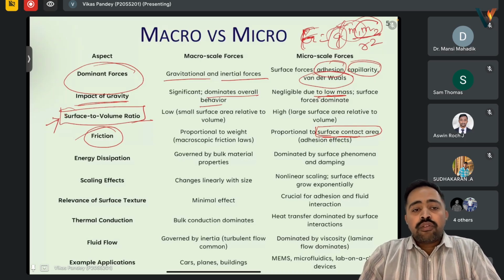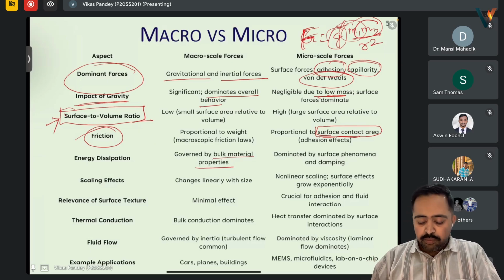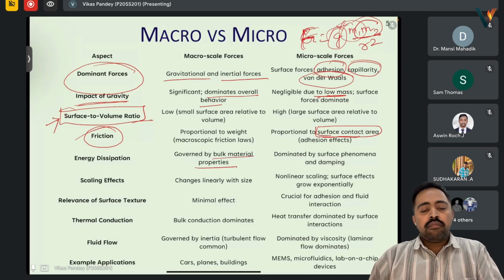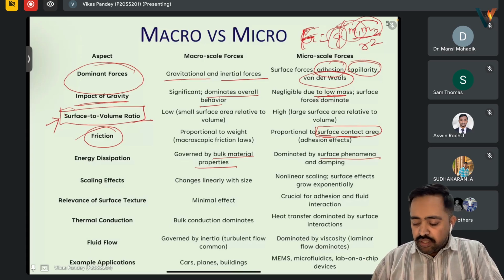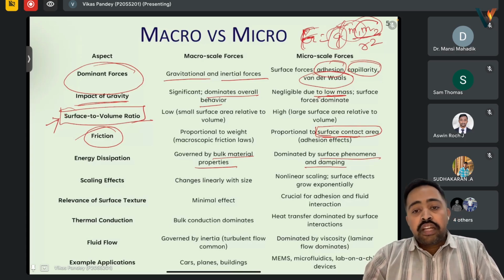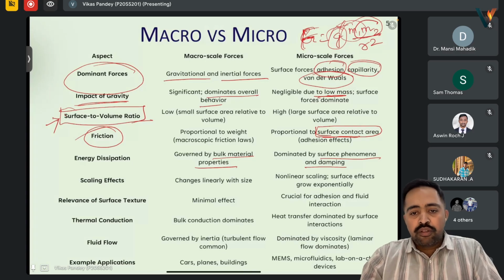If we talk about energy dissipation, there are also bulk material properties like mass and other factors that will play a role. Whereas in case of microscale, surface phenomena and damping will play a role.